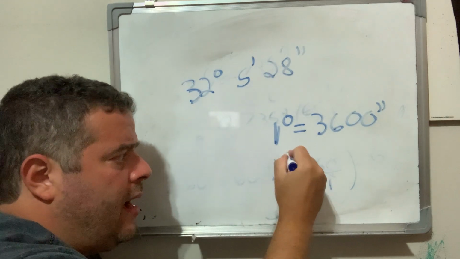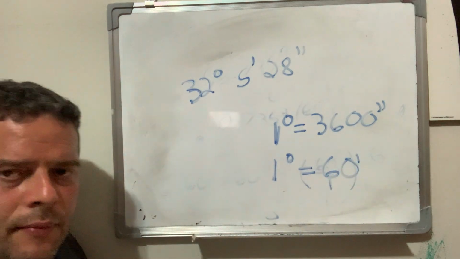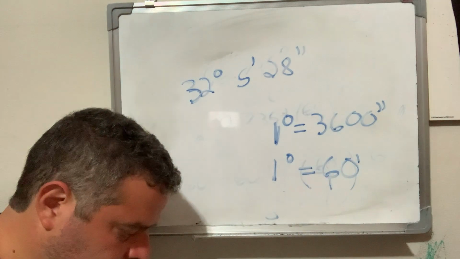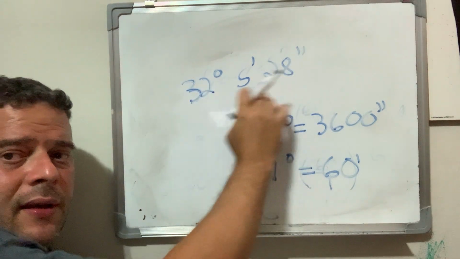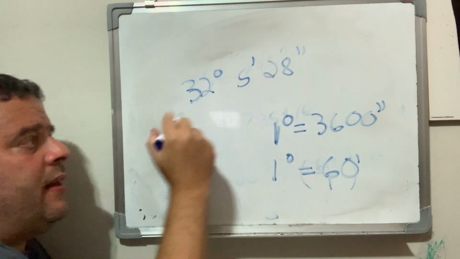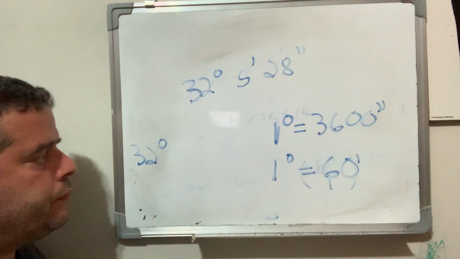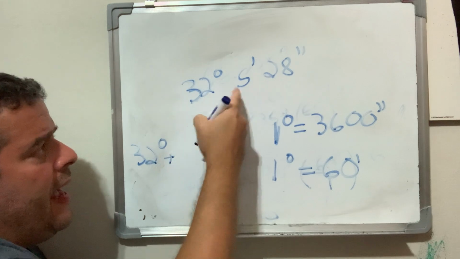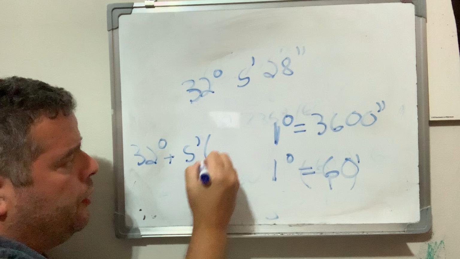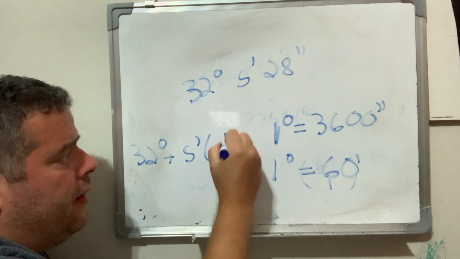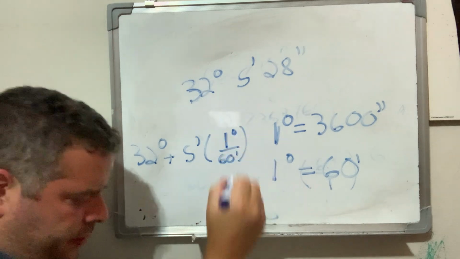Also, we went over this. In 1 hour, there are 60 minutes. In 1 degree, there are 60 minutes. So all you have to do now is grab your basic DMS, degree, minutes, seconds, and you do the following. The hour stays the same. Now you add the minute portion and multiply it by, in 1 degree, there are 60 minutes.